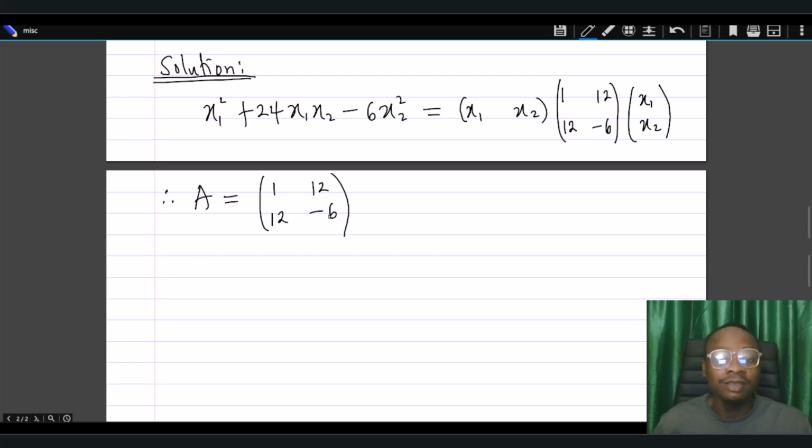However, this is just a 2 by 2 matrix, and we can take advantage of the fact that for any square matrix, the trace of the matrix, that is the sum of the main diagonal entries, is the same as the sum of its eigenvalues, and the determinant of the matrix is the same as the product of its eigenvalues.